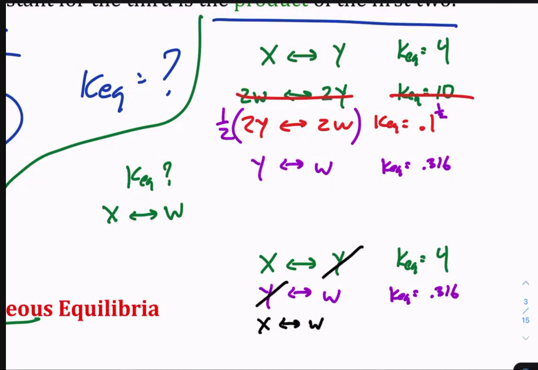And by the way, when I say add them, maybe I'm skipping a step here. The reason why I'm canceling Y is because when I add these two reactions, it's going to look like this. It's redundant. Do you guys see that? That's why I'm canceling Y, because it appears on both sides after we add them. So now I take the product of the K's.